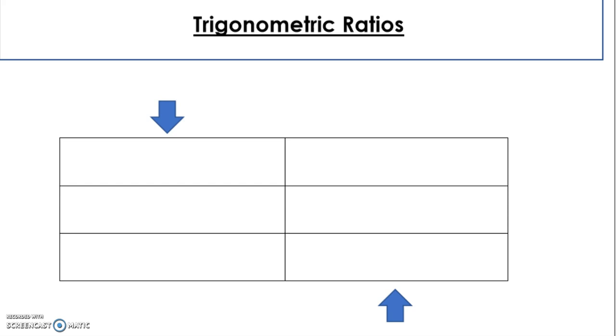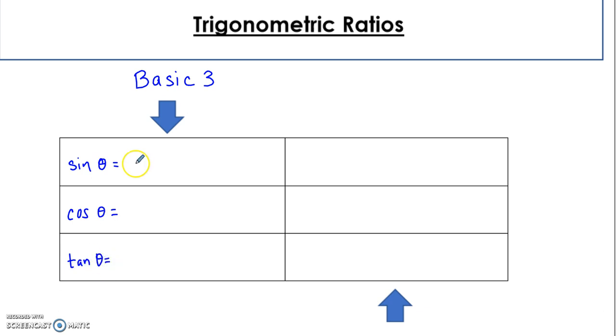We're going to make a table, and we're going to make this side here say these are the basic 3. All right, and so for our basic 3, we have sine theta, cosine theta, and tangent theta.